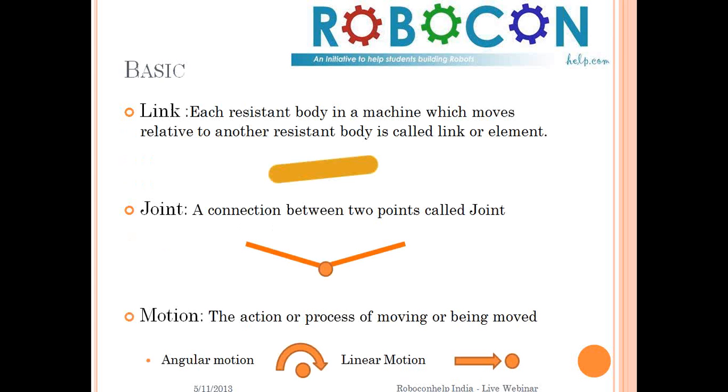Before I talk about the basics, I want to make sure why we are doing this. Why do we need to evaluate or check the performance of our concepts before manufacturing? The first thing that comes to my mind is: is this a valid design? Am I using the right link lengths? Am I using the right torque-producing motors?